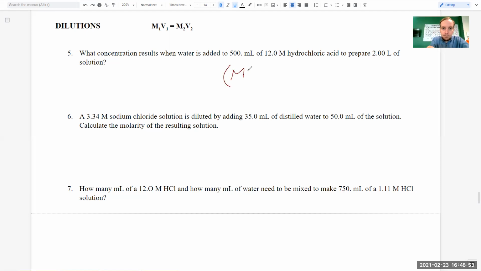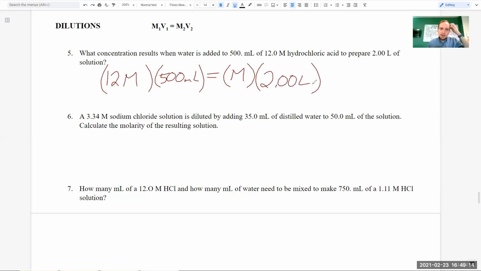I'm just going to put M. Here's our original volume, 500 milliliters of a 12 molar hydrochloric acid solution, to prepare a 2-liter solution. Now the only problem here is our volumes do not match. We have milliliters and we have liters. We really need to fix that.